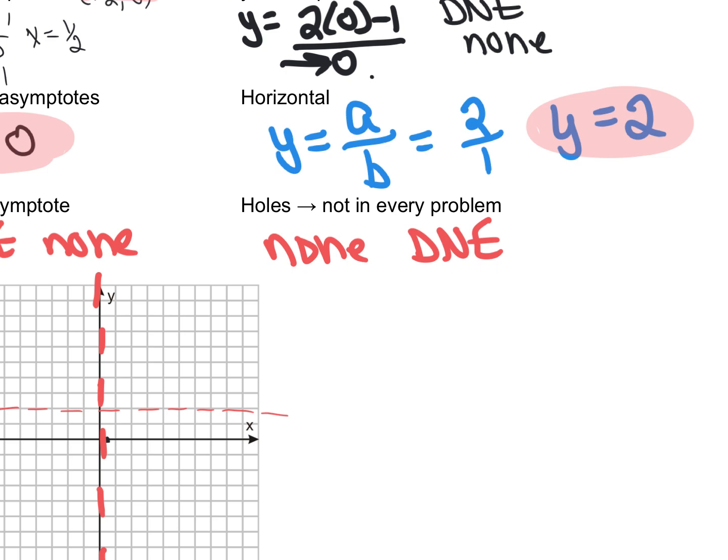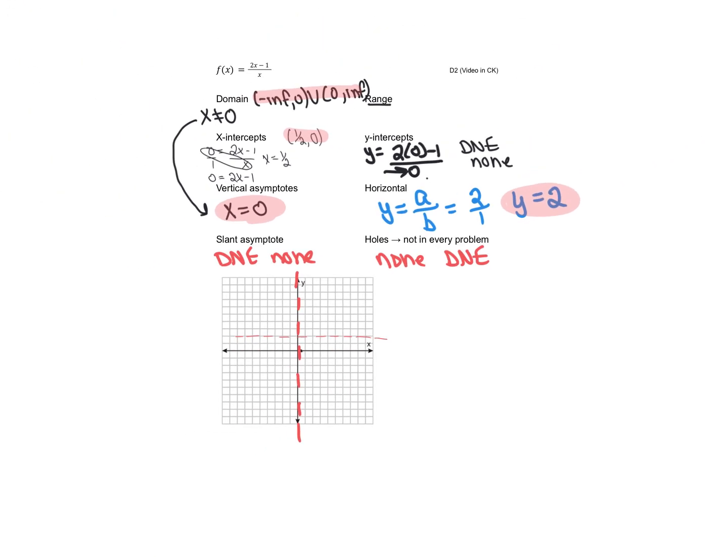And then we can use our graphing calculator to help us know where the branches of this graph are. If you want to take a second and pull up your graph on your graphing calculator, you'll be able to use it to help you with these a little bit. That's fine, but just make sure you know how to find all of the rest of this information with the work provided.